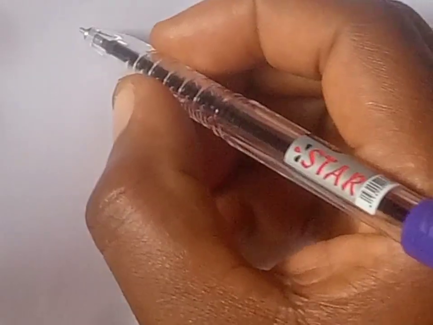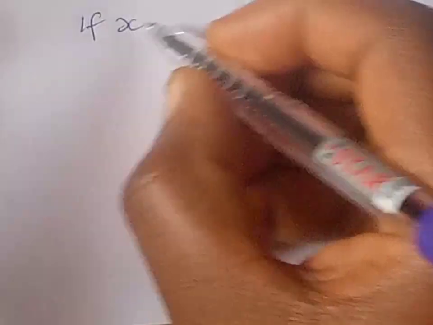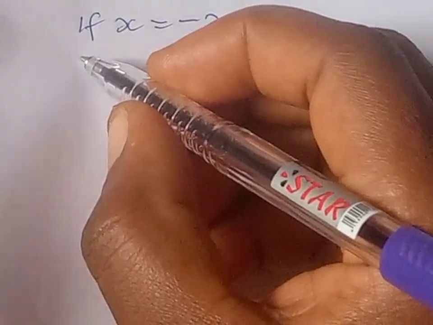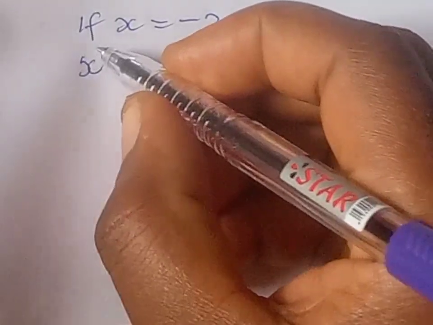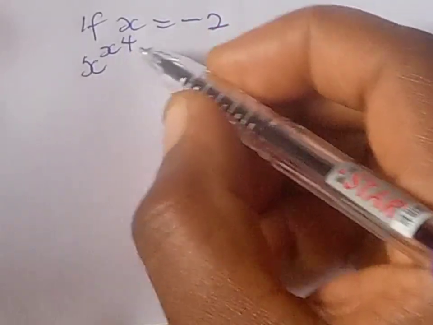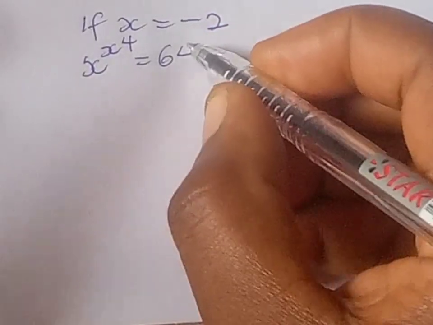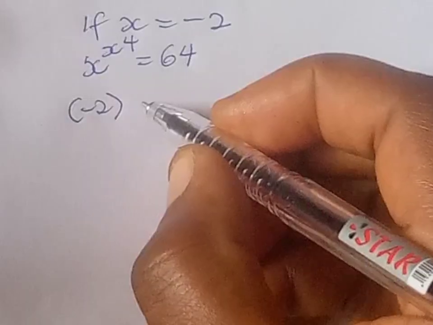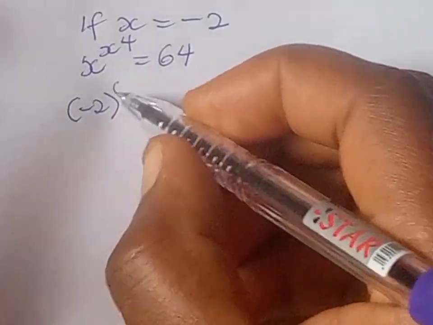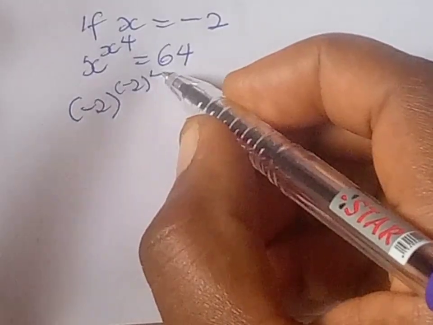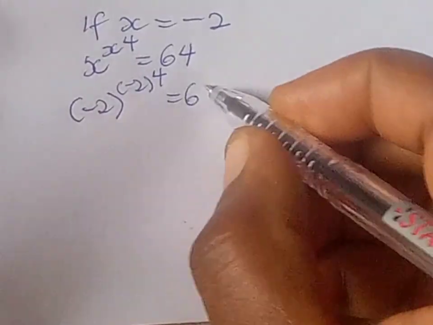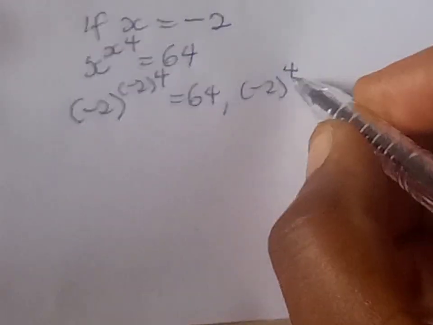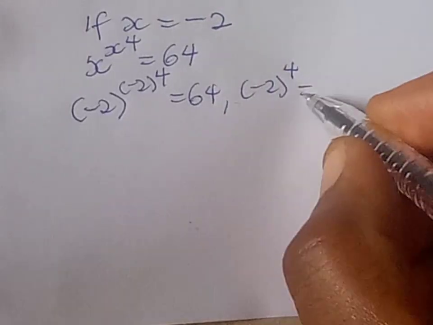Now let's try x equals negative 2. Our equation again, x raised to the power of x to the power of 4 equals 64. Now we have minus 2 raised to the power of minus 2 raised to the power of 4. Minus 2 raised to the power of 4 will give us 16.